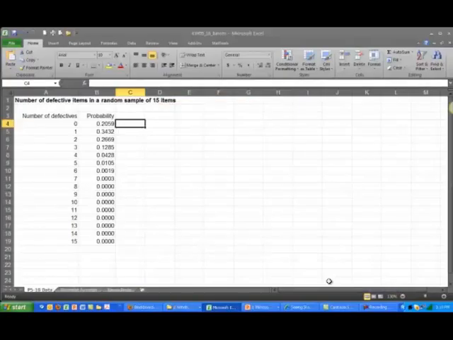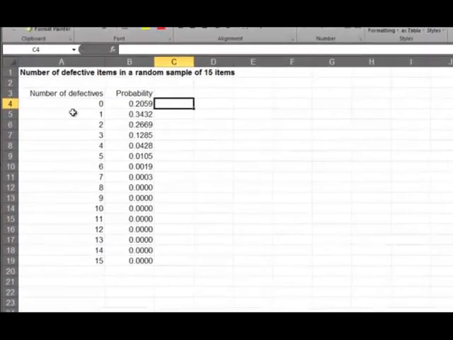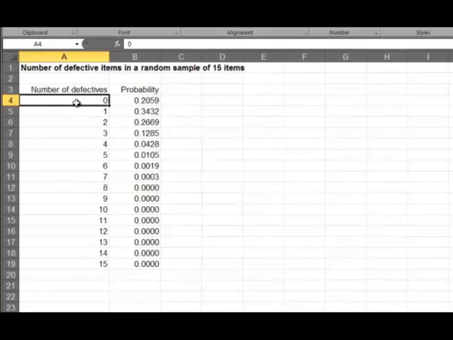The data set that you're given for the problem looks like this. It looks just like a probability distribution as we would have seen it in our previous block of material. We're given the possible values of number of defective items that can be found out of a batch of 15. We could get lucky and find that there are no defects at all out of 15.